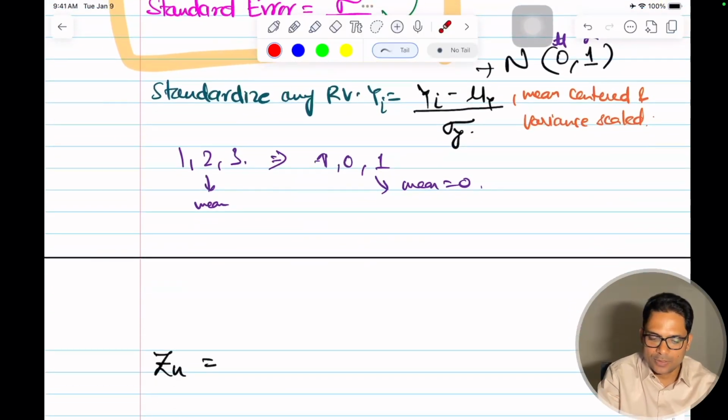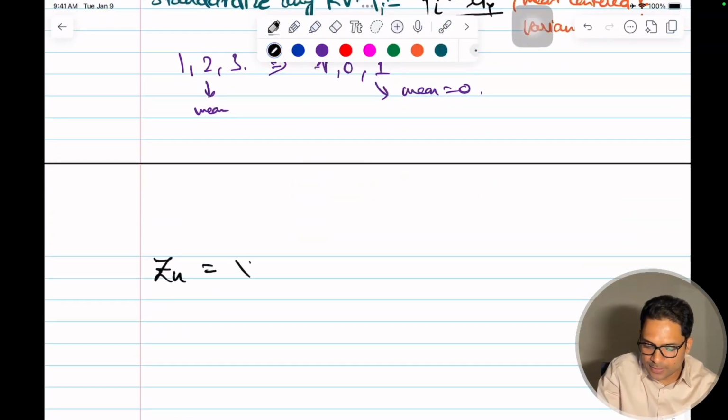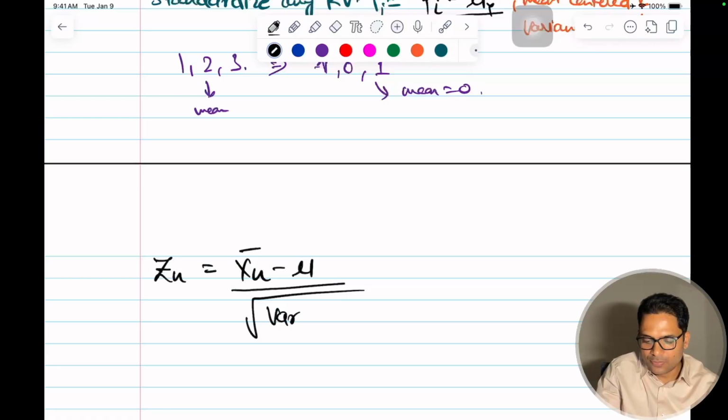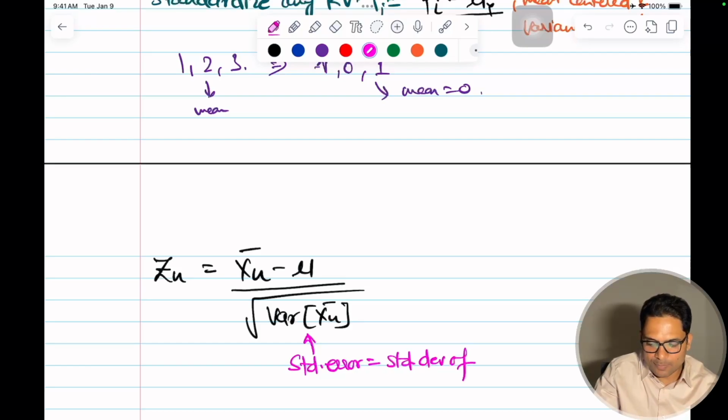I have standardized the sample mean as xn bar, the sample mean, minus mu. And what is the sample's standard deviation? Variance of xn bar, and the square root of this is the standard deviation of that. That is our standard error. This is also called standard error, which is equal to the standard deviation of the sample mean.